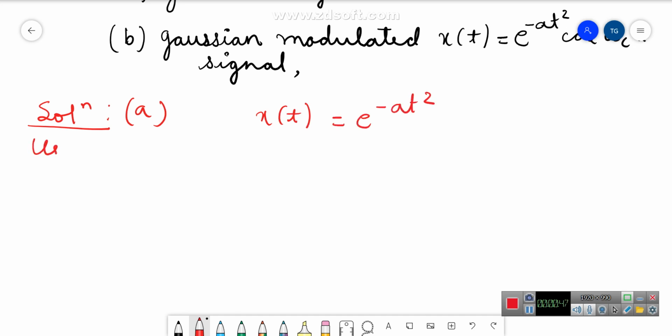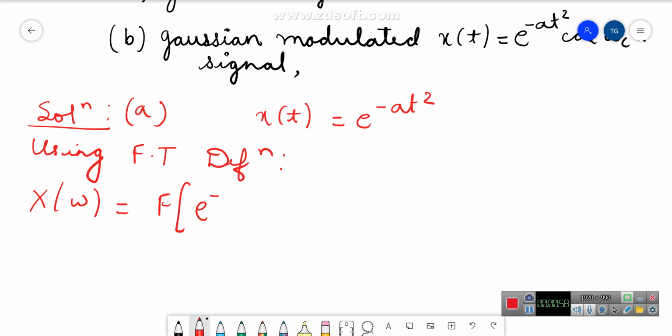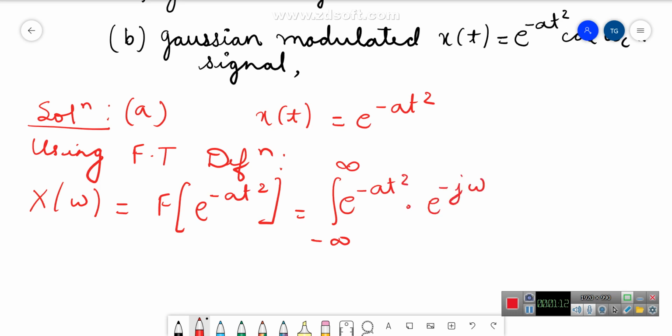Now using the Fourier transform definition, we know that x of omega is nothing but the Fourier transform of e to the power minus at square, that is given by the integral from minus infinity to infinity of e to the power minus at square into e to the power minus j omega t into dt. So this is my Fourier transform operator.